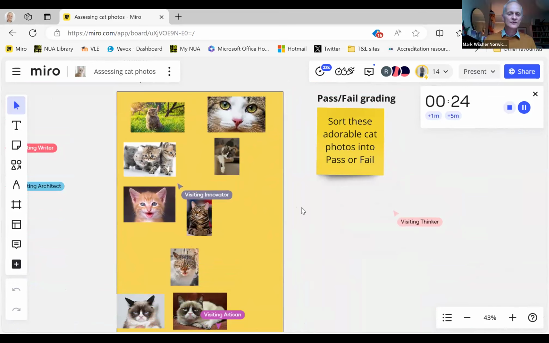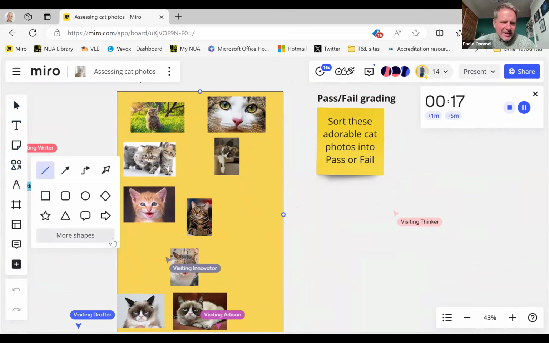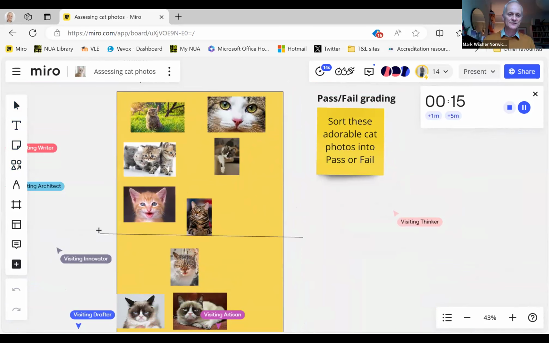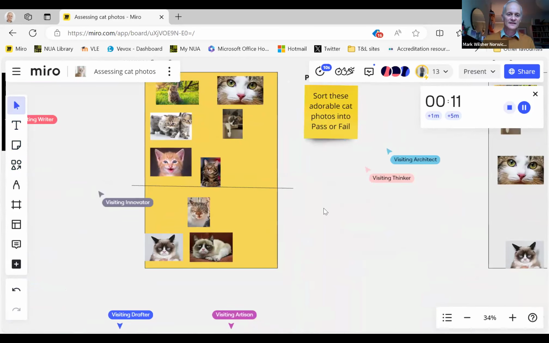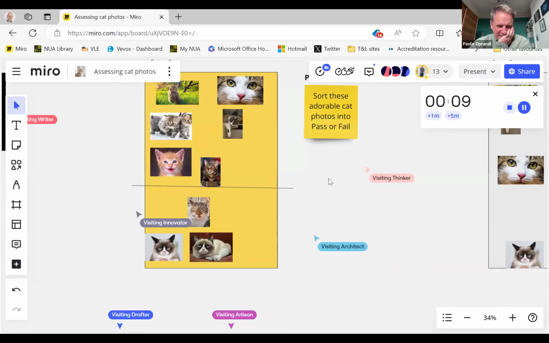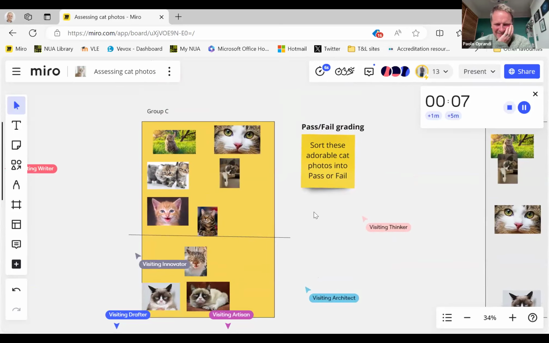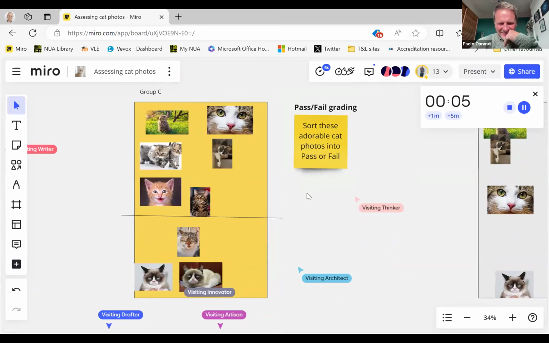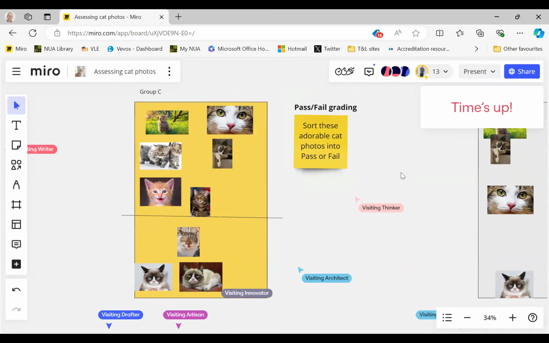Do you want to try and draw a line or make a gap between pass and fail? Let's have a look. Oh yeah. I'm guessing that this is kind of the pass or fail line. Good with that. Got a marginal fail there. Okay, well done. Time's nearly up. Very good. Yeah, yep, I think we are done. Thank you.